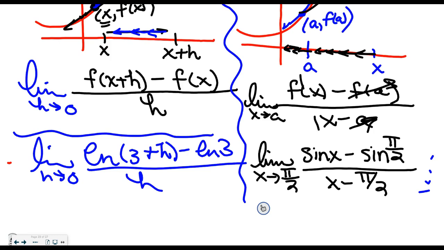My guess is you would plug that in, get 0 over 0 and use L'Hopital. And what would you get? Cosine, right? At what? Pi over 2, you'd circle 0. That's probably what you would do. But this is the function f of x, and it is the formal definition of the derivative there, right? So it can work both ways.